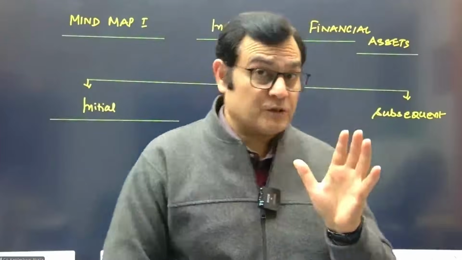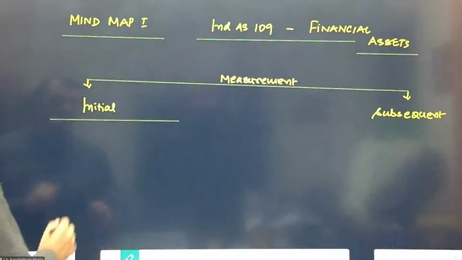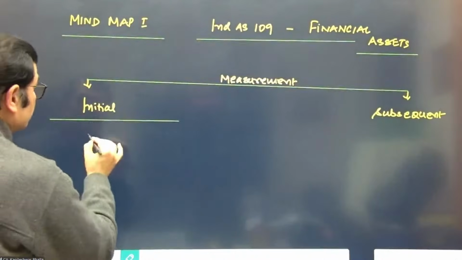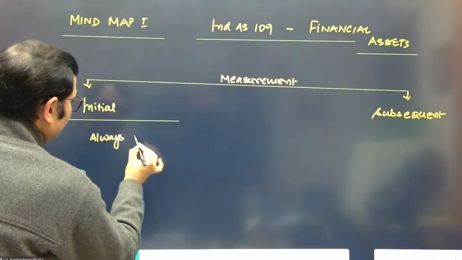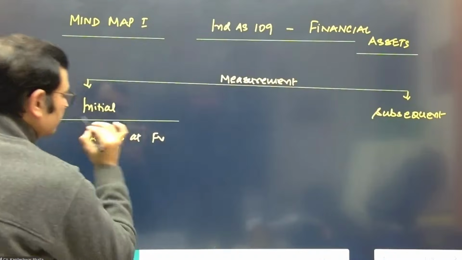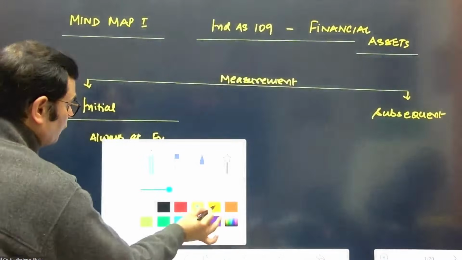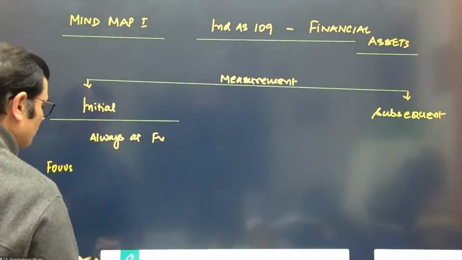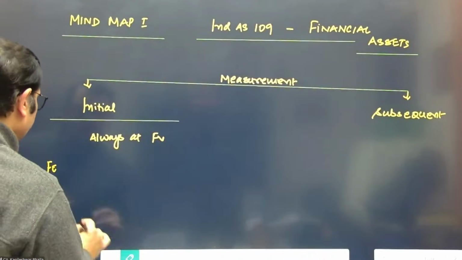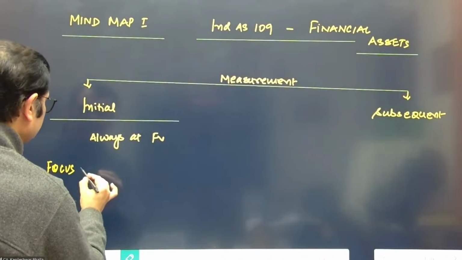So I think I'm putting both the focus points at this stage. So we can say the thumb rule in terms of initial measurement is that it is always at fair value. But we need to keep two focus points out here. So let's put it as focus point number 1.